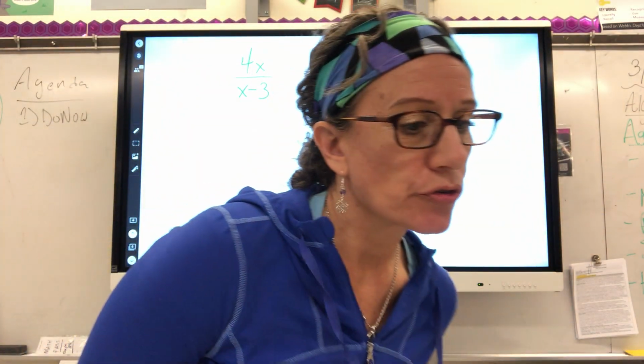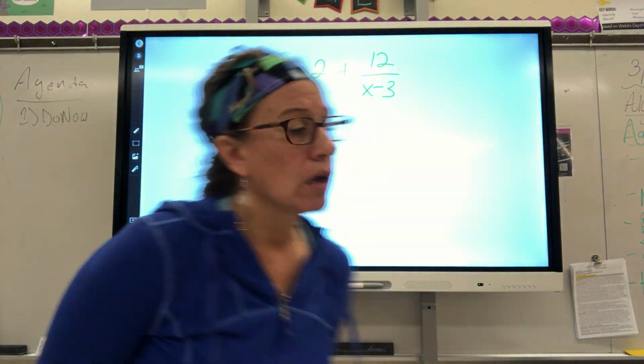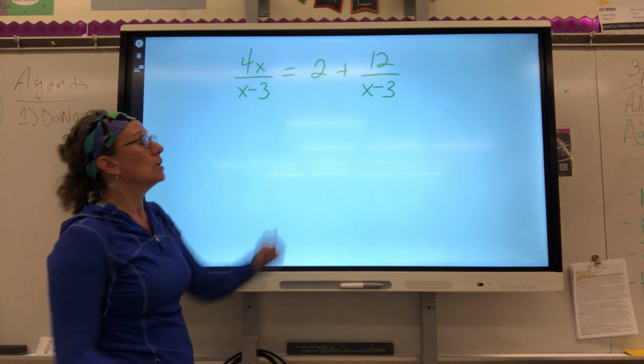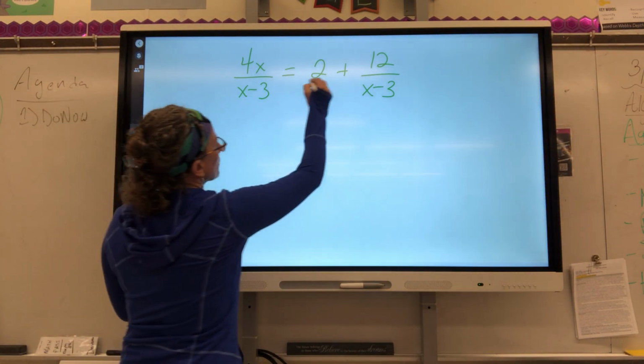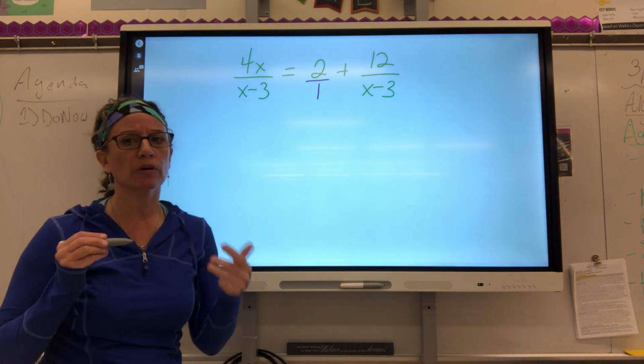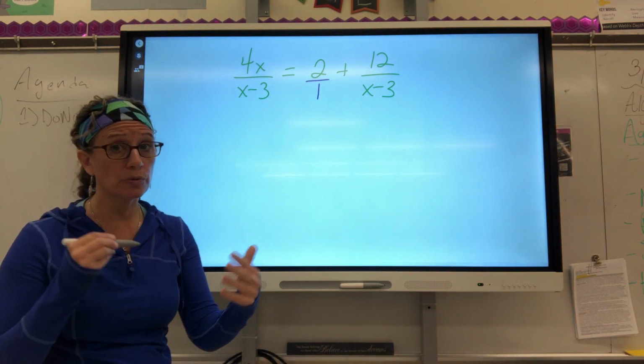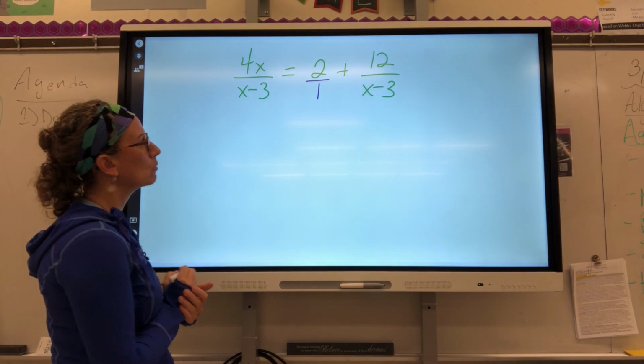Okay, so in this example, 2 does not have a denominator, so immediately, if you want to see a denominator there, every whole number is over 1. 2 equals 2 over 1, 2 divided by 1.